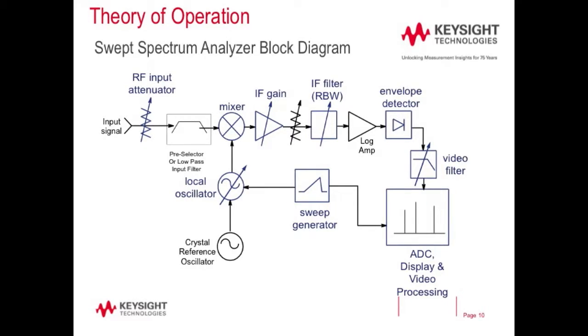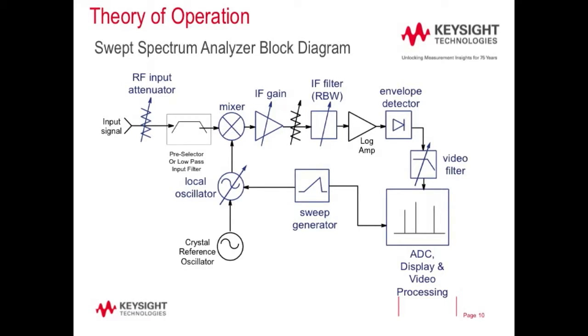So the LO from the mixer is controlled by this local oscillator, which is what LO stands for, and that's controlled by this sweep generator. So both the input signal and the local oscillator combine to create the IF signal. Some people think of this as a baseband signal, but then it goes to a whole signal processing chain here. So it goes to an IF gain block, which is typically tied in with the RF attenuator.